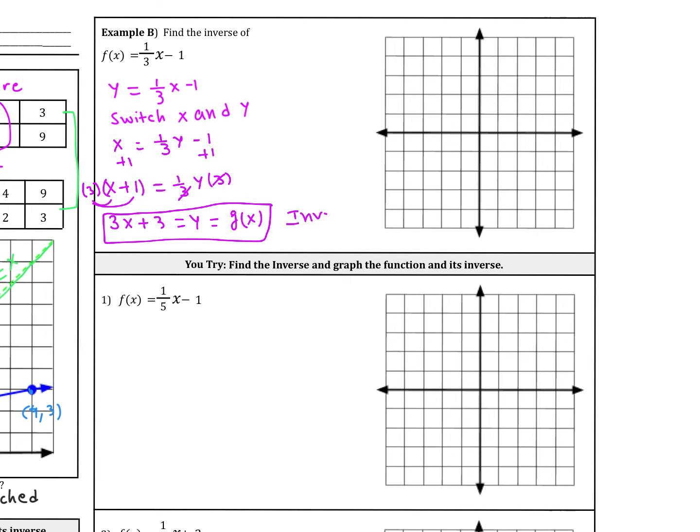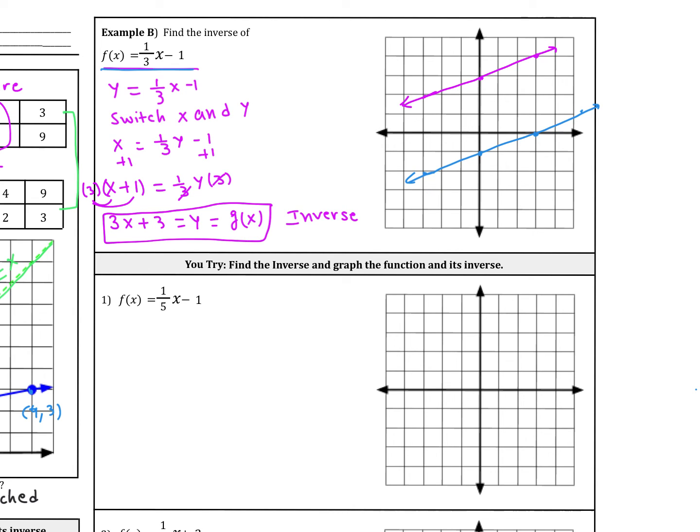So this is going to be the inverse function, and this is the given function. Now you're going to graph both of them. You're going to graph f(x). For the f(x) function, you have negative 1 as your y-intercept. Slope is up 1 over 3, up 1 over 3. You can extend it on the other side.